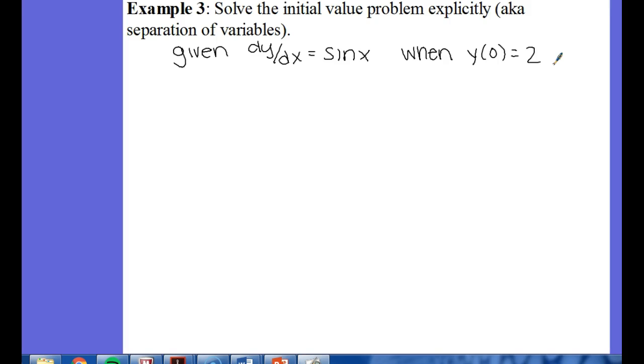So what do we want to do? Yep, separate your variables. Integrate those sides separately with respect to the variable.